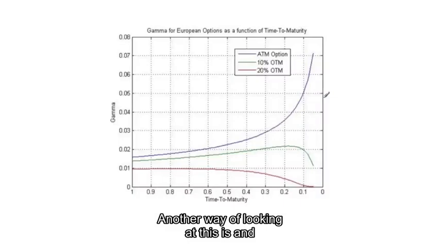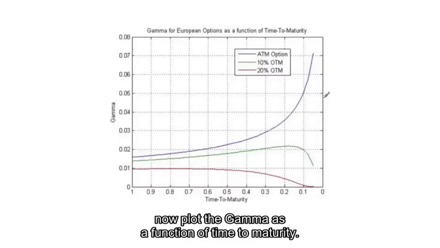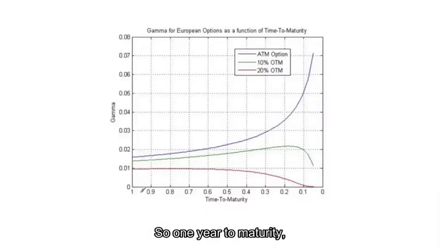Well, one way to see that is the following. Suppose I've just got 1 day to maturity, so T is equal to 1 day, and suppose the stock price is equal to K, so I'm at the money. This means I've got 1 day to maturity.